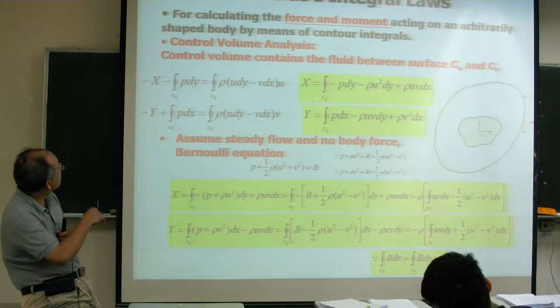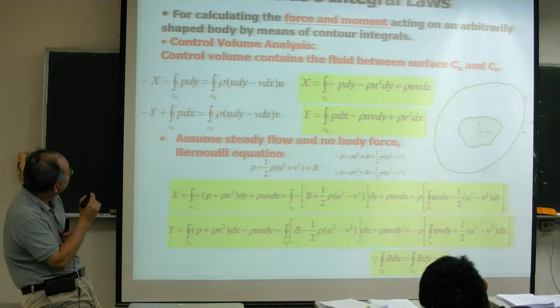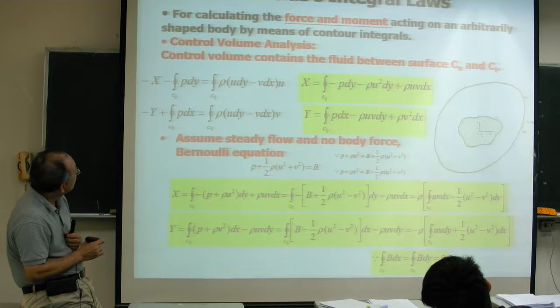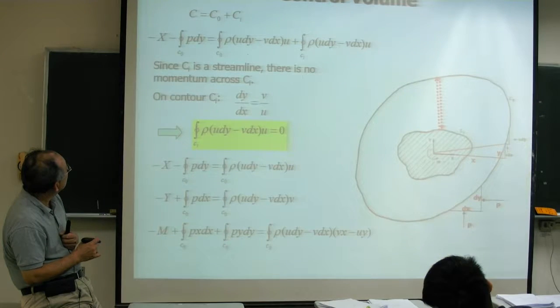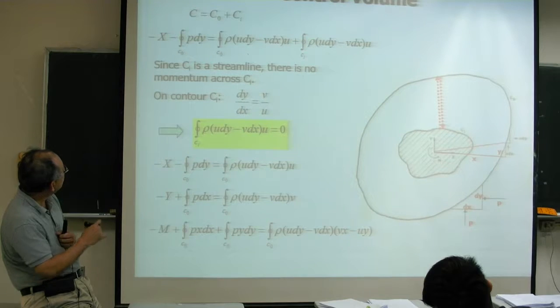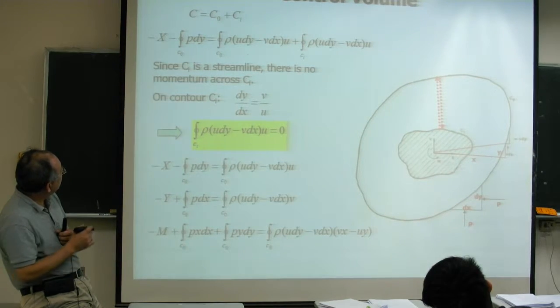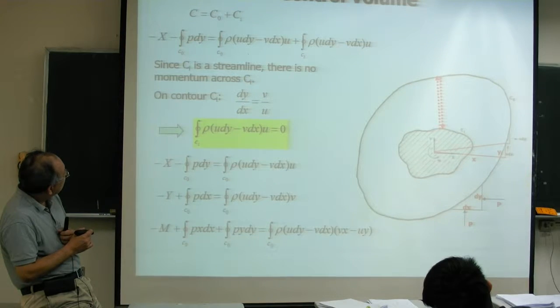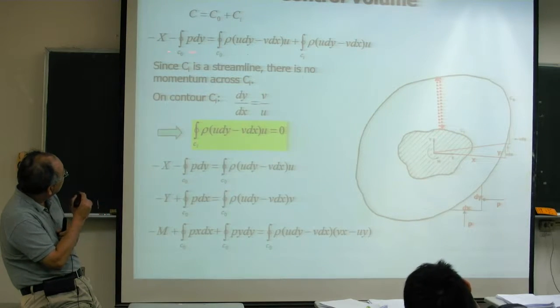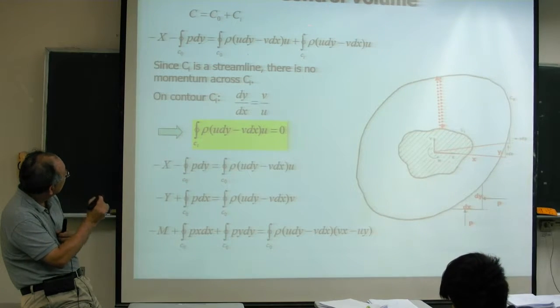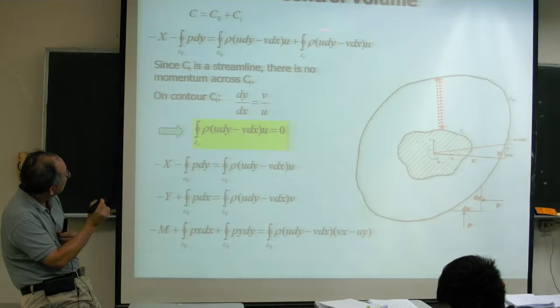And then we were using the so-called control volume analysis. What is control volume analysis equal to? Let me show you. So this is the complete control volume integral along the whole surface here.